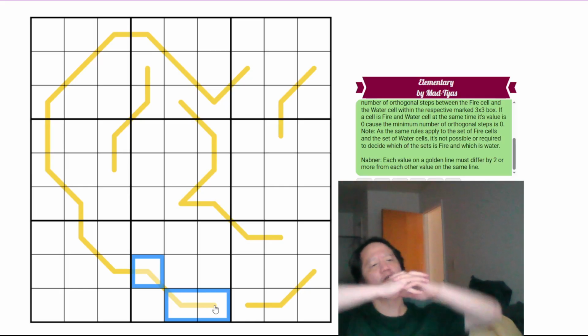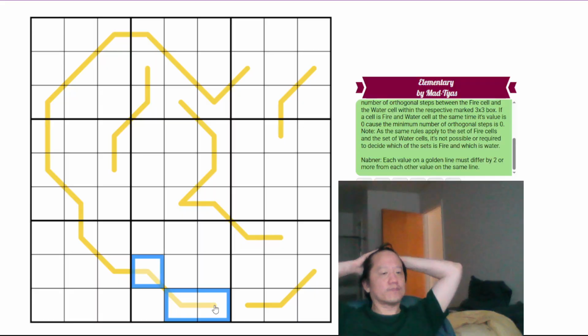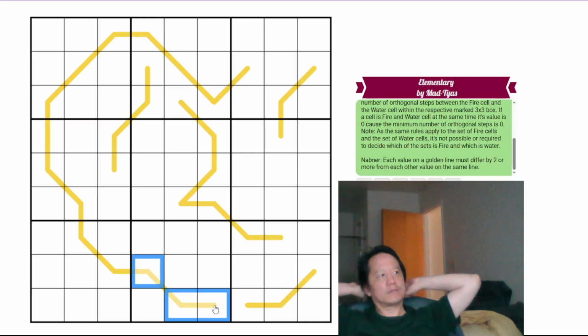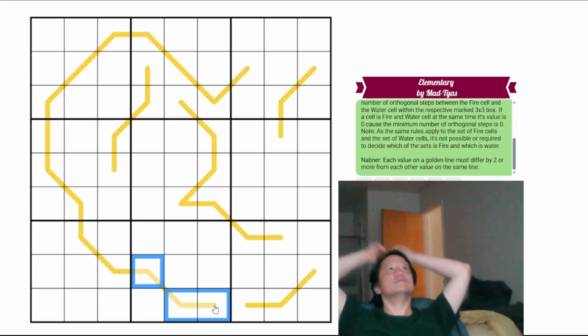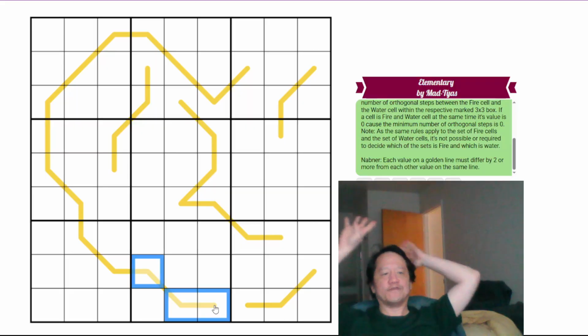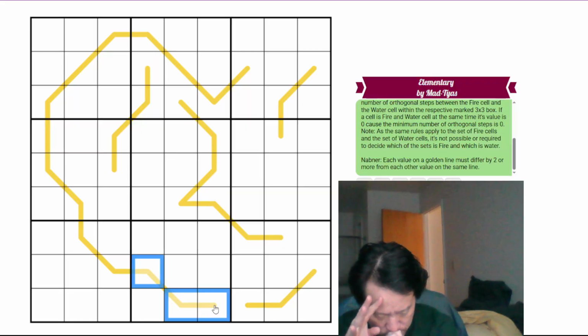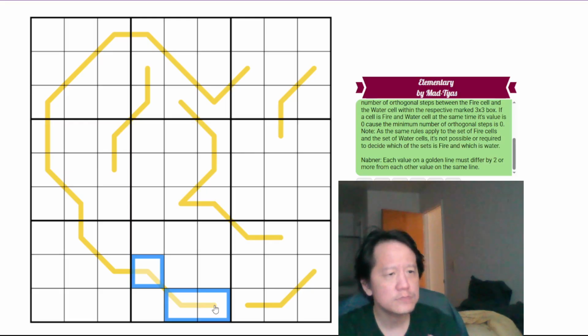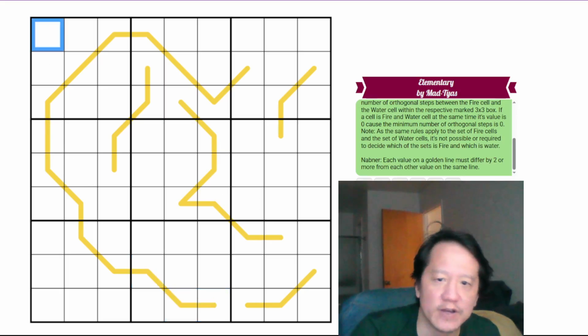The interesting thing is, though, if you have 4 away, what are those values? You can't have repeats. So 4 away on a Nabner line for the fire and water cells. Okay, let's mark what the values are.